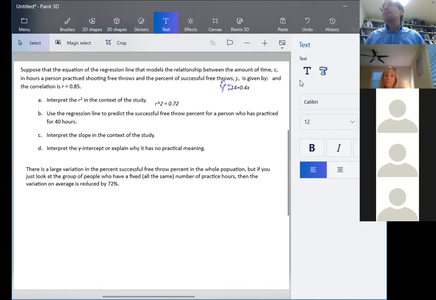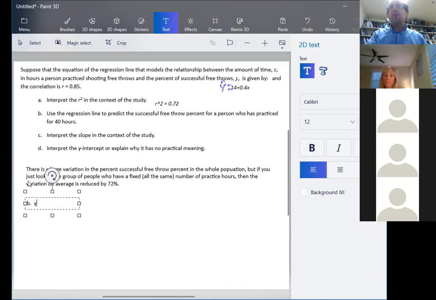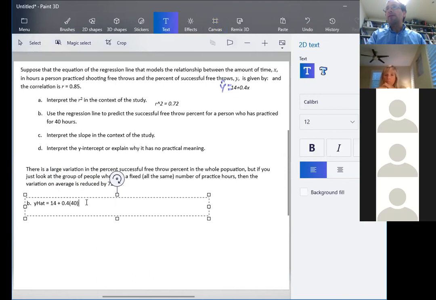So for part B, I'm just going to write y hat, y with a hat on it, it's easier to type that way. That is equal to 14 plus 0.4 times x, and x was 40. 40 times 0.4 is 16, 16 and 14 is 30.